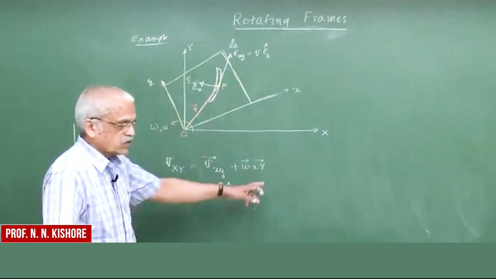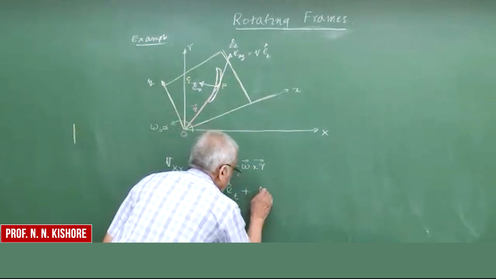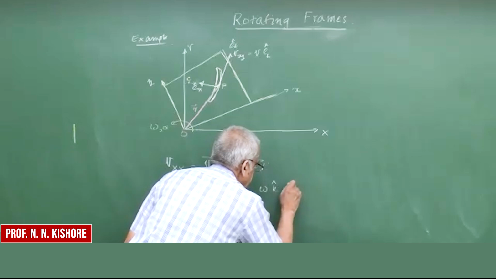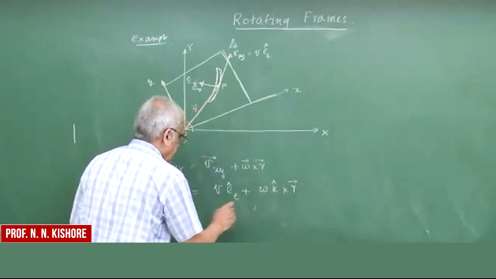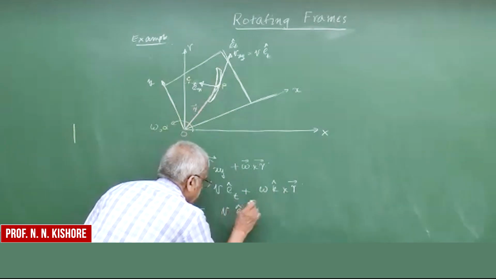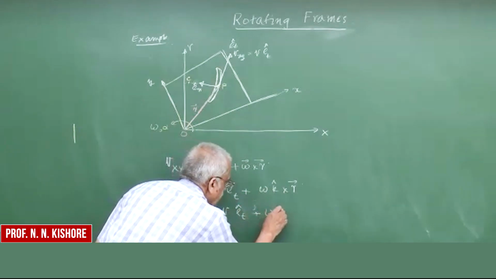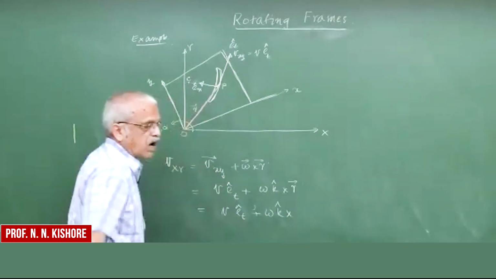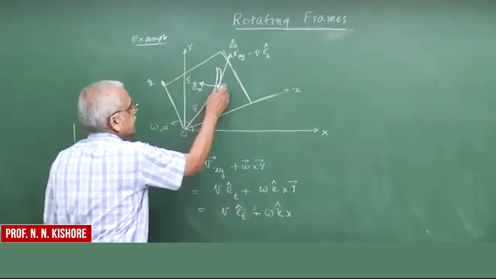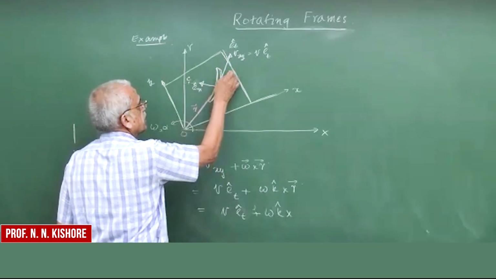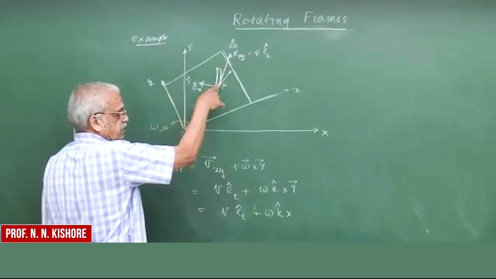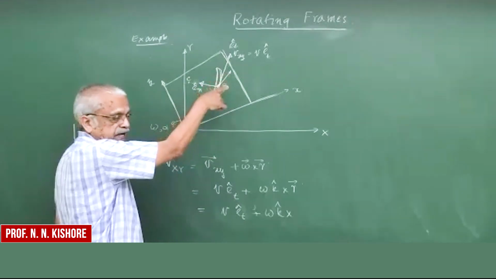What is this, omega cross R? So it is omega times R here. So R, we are combining really all coordinates here. This is R, right? So if you extend this, the direction of R is along the extended direction.